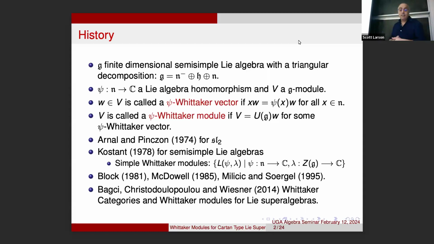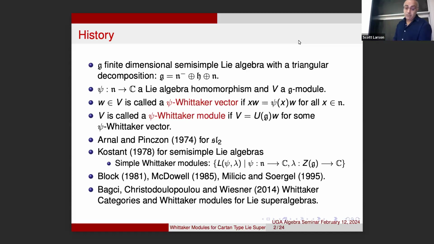Let me say this: these are non-weight modules. You can see from the definition that psi may not be zero; it's a non-zero linear function. We see these modules first in the case of Lie algebras in the work of Arnal and Pinczon in 1974. Such modules I first see in this paper. After this, the main work is done by Kostant in 1978.